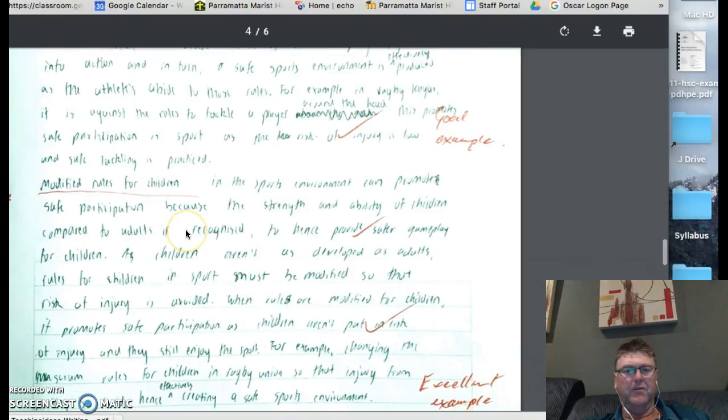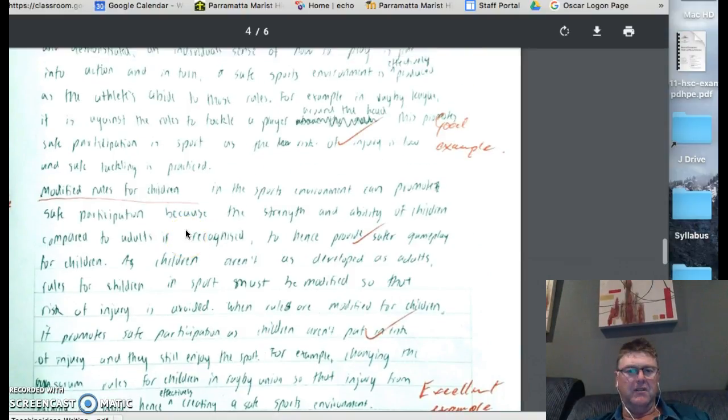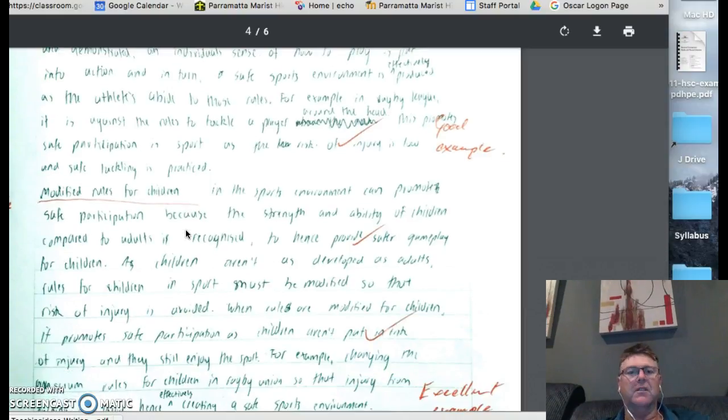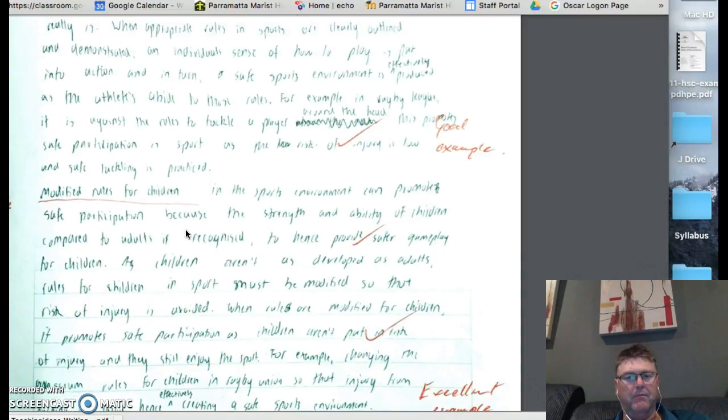They've used underlining, they've been able to explain the situation, but most importantly, the difference between good responses and excellent responses was the ability to choose and demonstrate examples and show the implications of those examples for the sport.